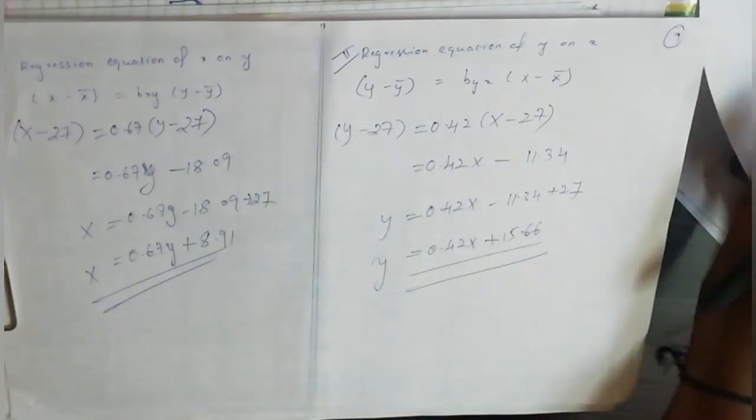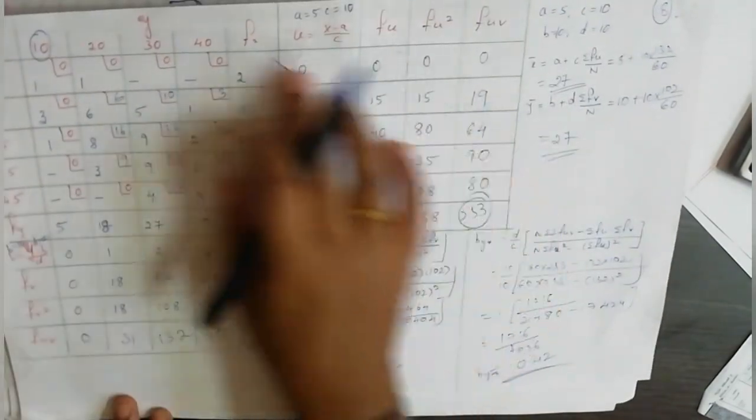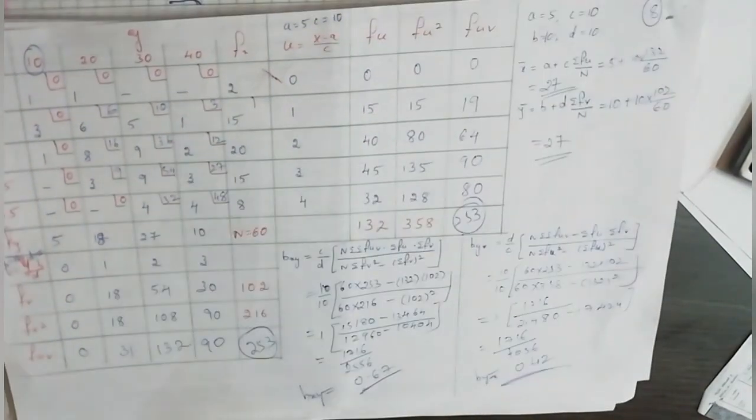So just the change is the formulas for x bar, y bar, bxy and byx. Anyways, this table also you have already studied in correlation chapter, so it will be easy for you. So I have solved the three sums, remaining only one sum that I'll give you as homework. Try to solve it. If at all you get any difficulties, problems or confusions, you can ask me.